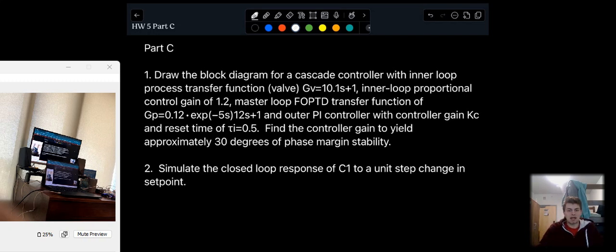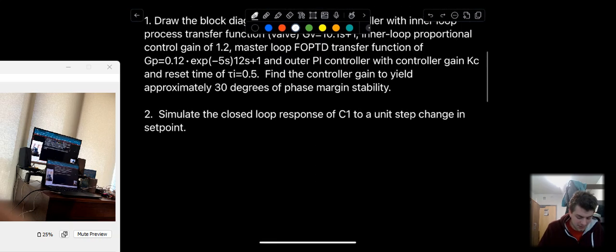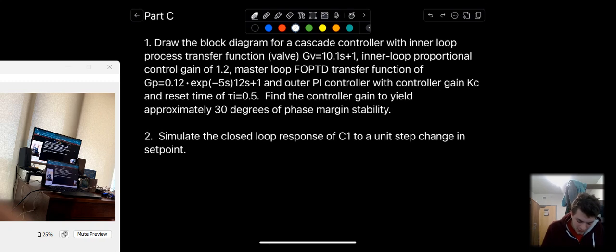What is cascade control? We're given a system in prompt number 1 here, which describes a cascade controller scenario. Let's start talking about a block diagram for this cascade controller. We're told there's an inner loop, and an outer loop or master loop.